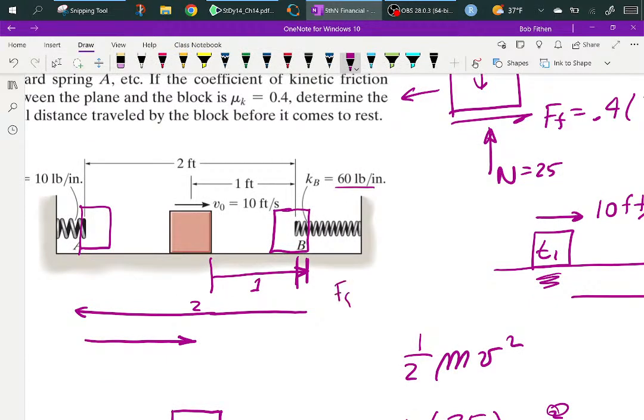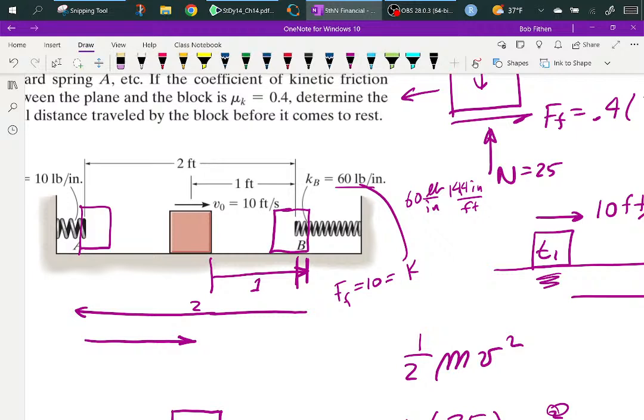With a friction force being 10 pounds, there is a possibility that that friction force would be K times the delta of the spring, and K's 60 per inch. Okay, 60 pounds per inch, 144 inches per feet.